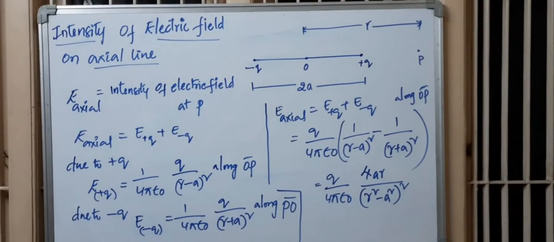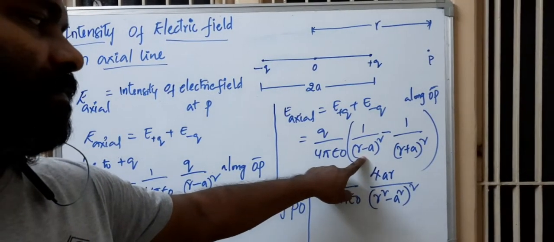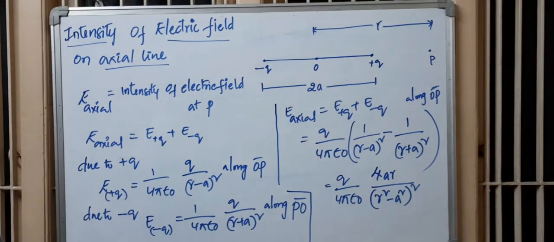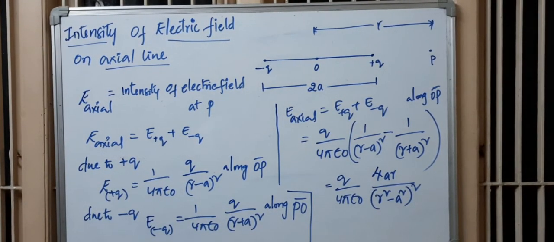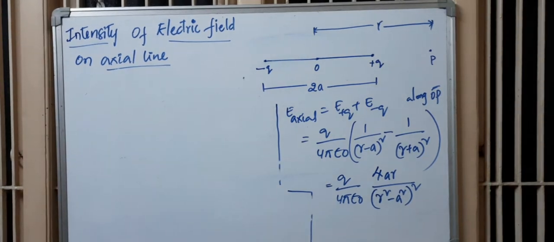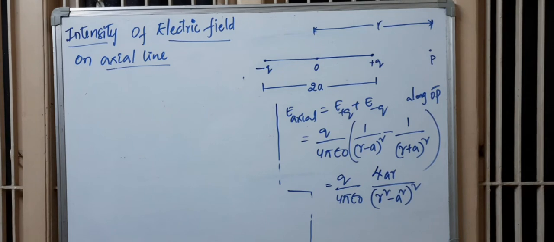So here we got E axial, nothing but the net electric field. E axial is equal to E plus charge plus E minus charge.